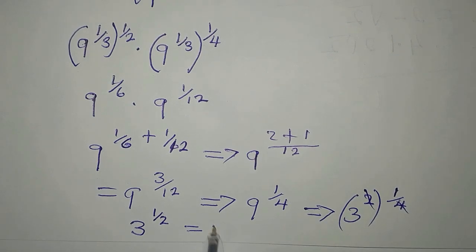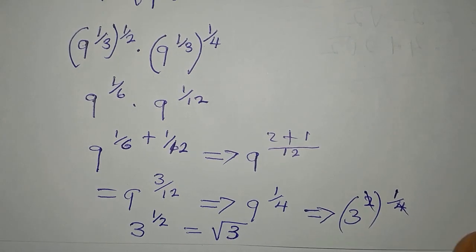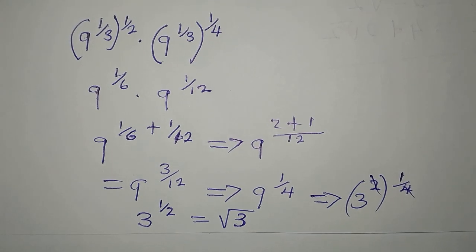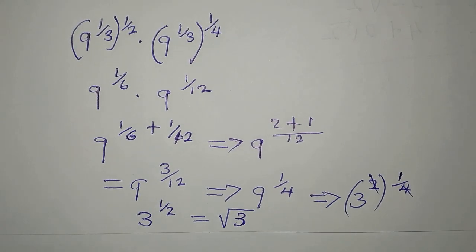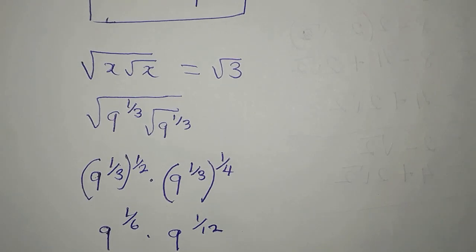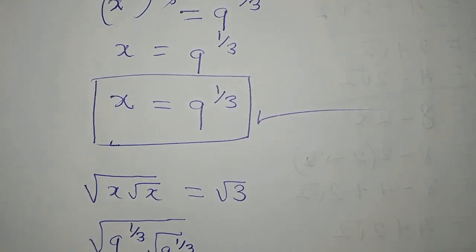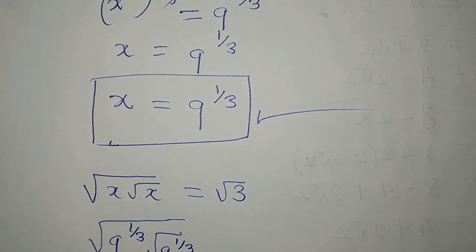So this is square root of 3. I remember that it is the same square root of 3 that we had on the right hand side of the equation. Okay, so this is to confirm that this value of x is very satisfying.